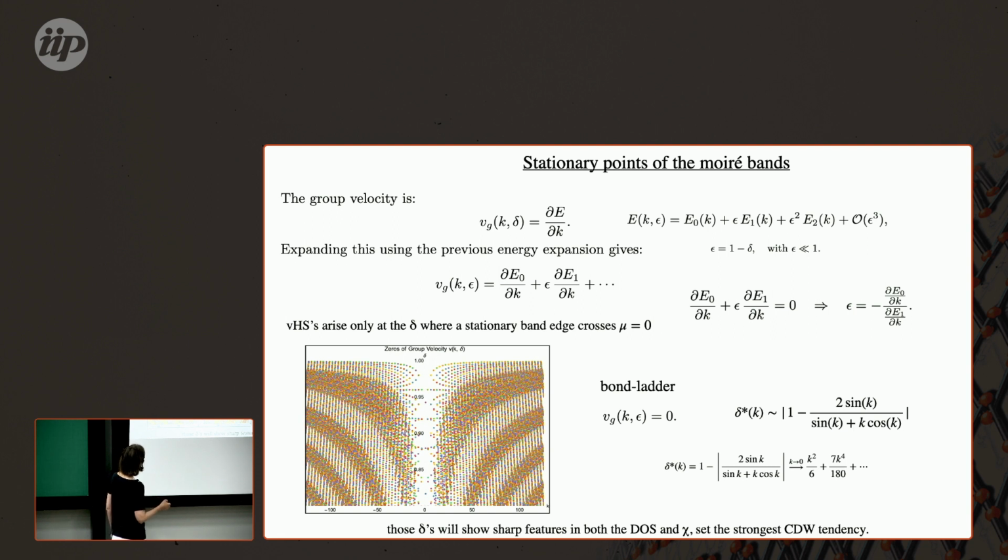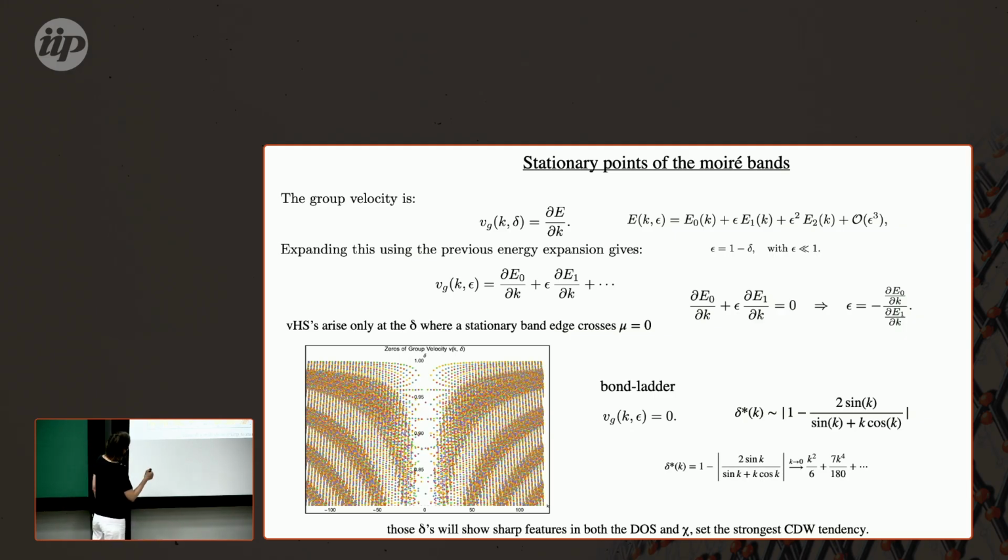Then we make the group velocity equal to 0, and with that we can find essentially delta in terms of k. For those k's at a given delta for which the energy is 0, which is where the chemical potential is, Van Hove singularities will arise.